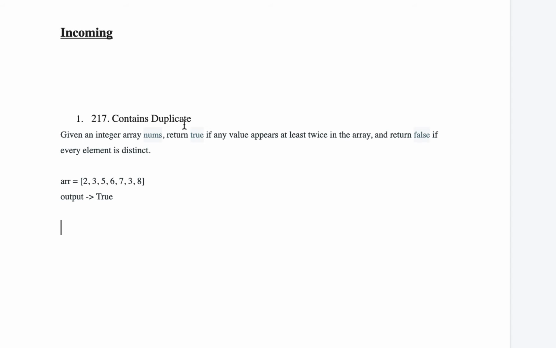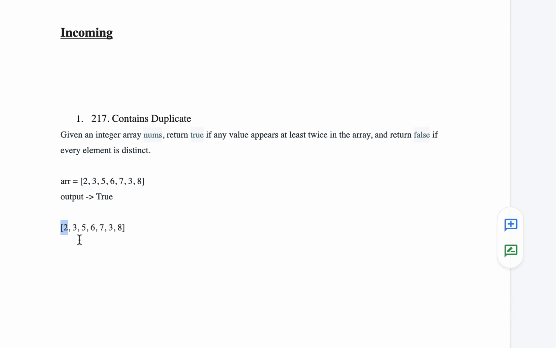Now, this problem, the naive way of thinking about it is that you start with, for example, let me just copy this array over here and explain. We can look through the array once and pick the index of the first item, like for example 2.